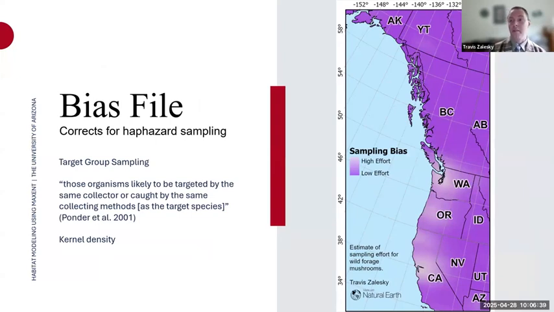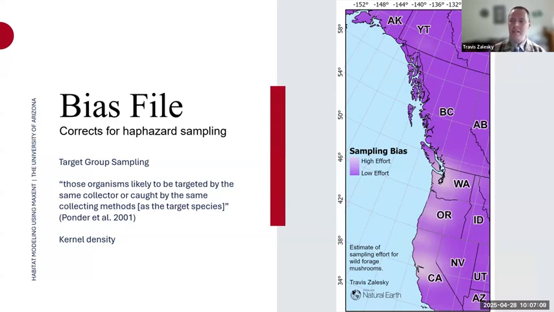The second potential pitfall that must be controlled for is the haphazard sampling method. Because the presence data lacks rigor, it is likely to be highly correlated with effort. In other words, species presence is more likely to be recorded in accessible areas near roads and trails, and is less likely to be recorded where human activities are low.